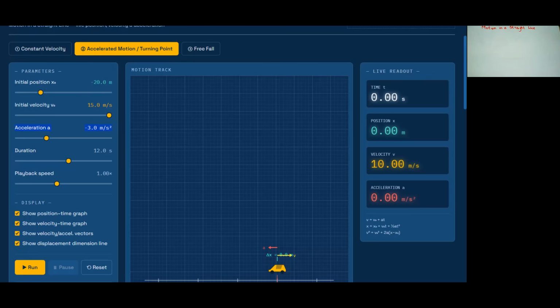Clear? This is the equation for acceleration. For instantaneous acceleration, we let del t tend to 0, so we get a equals dv by dt.